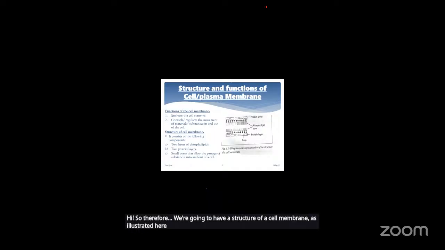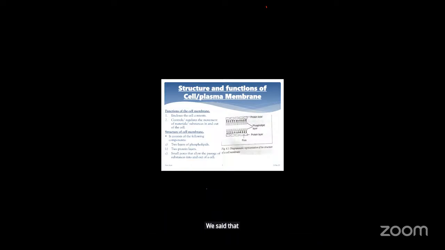But before we talk about the structure of a cell membrane, let's talk about the functions of a cell membrane, which we talked about earlier. We said that a cell membrane encloses all the contents of the cell, and also it controls or regulates movement of materials in and out of a cell.